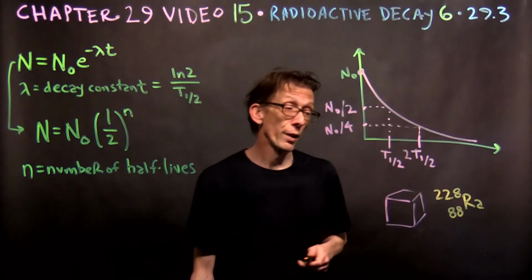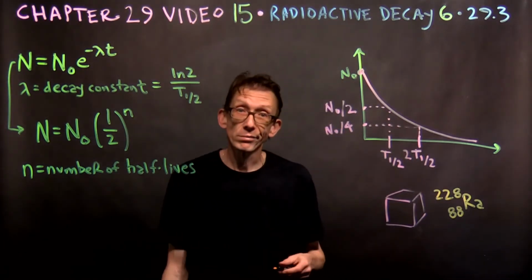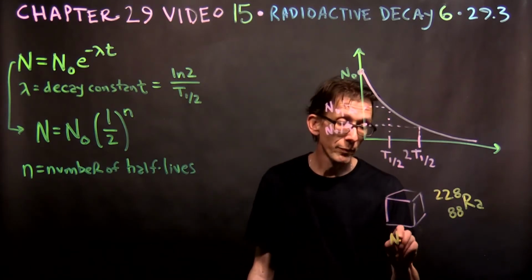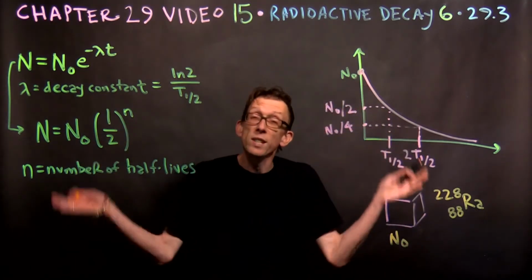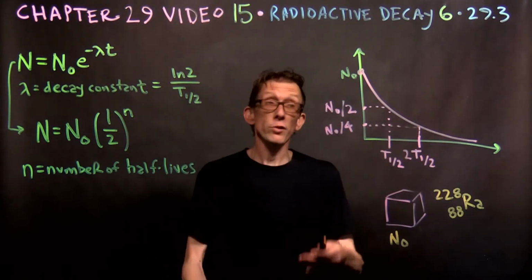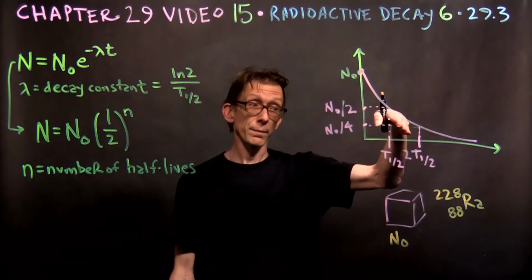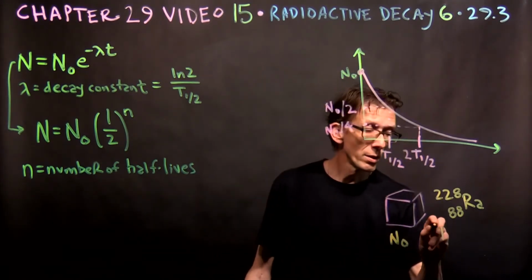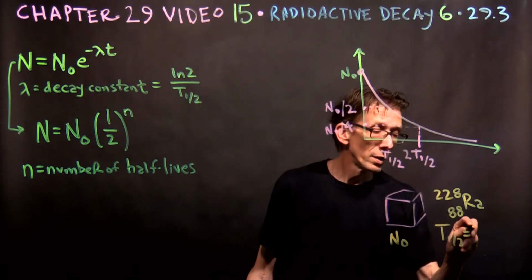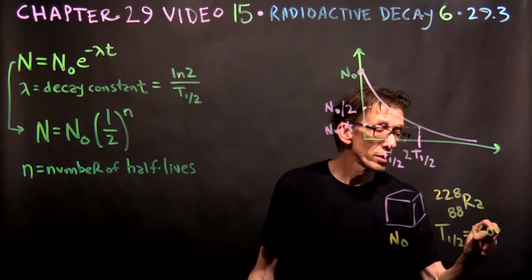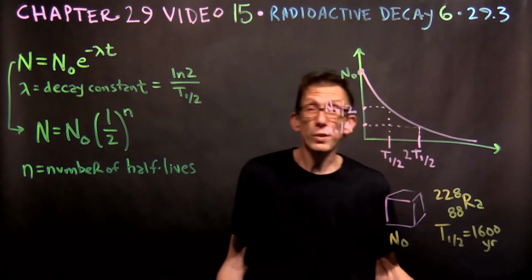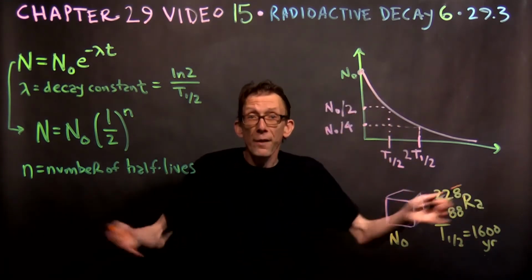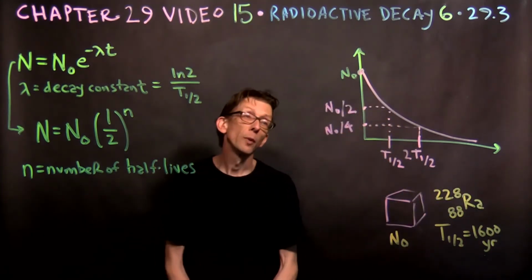You have a sample there, and we start off with N0. As soon as we start the clock, that number starts to drop, according to this formula here, right? In this case, the half-life is 1,600 years, which seems like a long time to us, but on the half-life scale is somewhere near the middle.